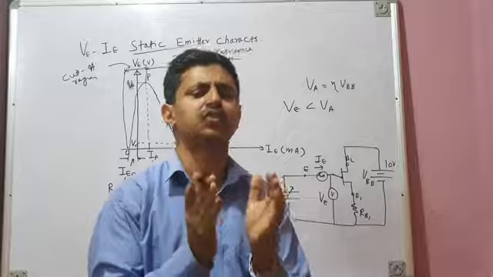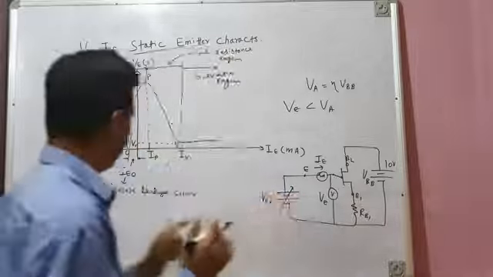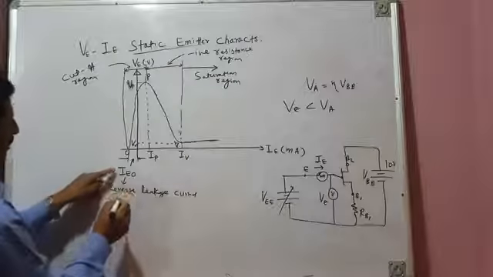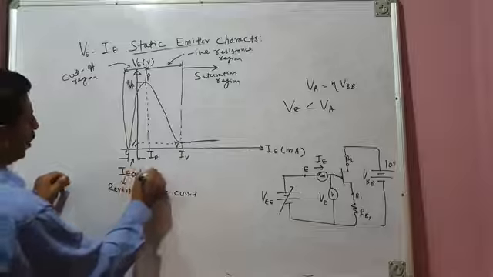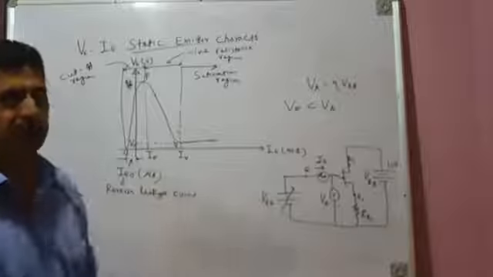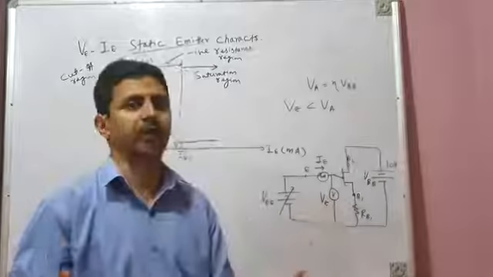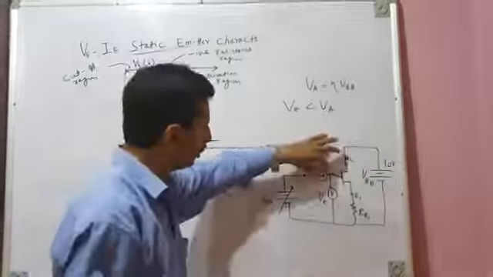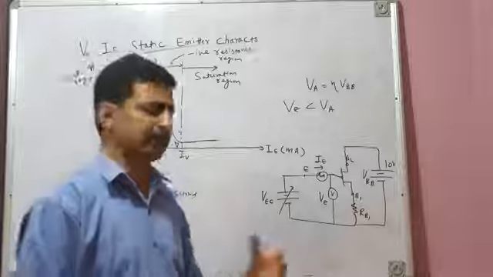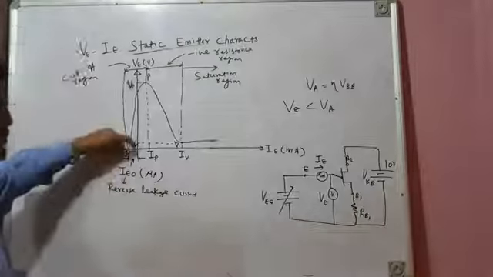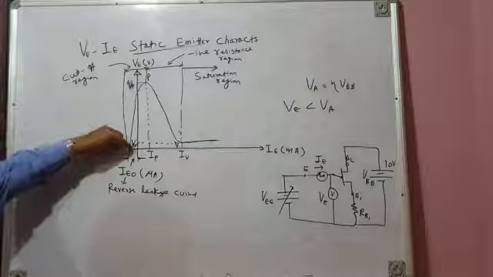A negligibly small reverse leakage current will flow, which I have represented by IEO. It's of the order of a few microamperes only. It is so small that this milliammeter will not be able to record it. For that purpose, you have to put a microammeter here. It is negative but negligibly small.